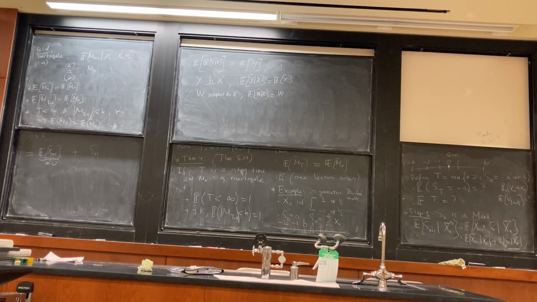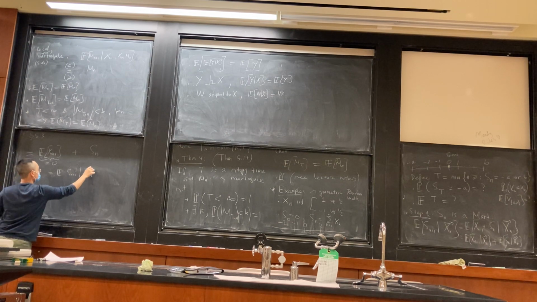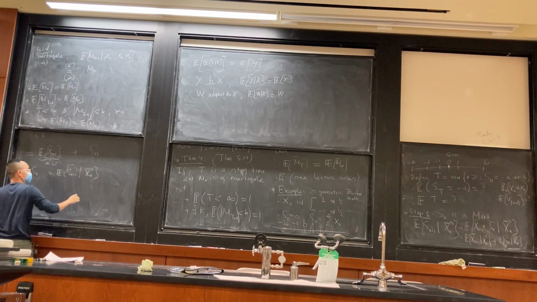So the mean is 0. So it's just the expected value of Xn plus 1. Right, so that is step 1. Any questions about this?